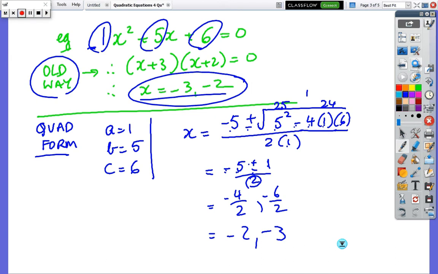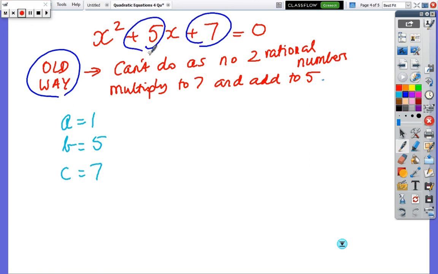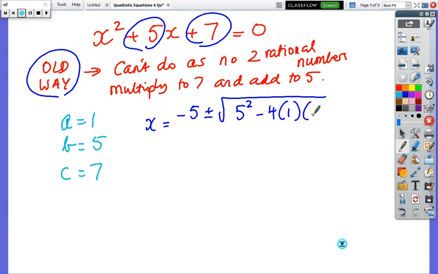Okay, so x squared plus 5x plus 7 equals 0. Using the old way, you can't do it, because we don't have two numbers that multiply to give 7 that add to give 5. So you have to use this new technique. So x equals negative b plus or minus the square root of b squared minus 4ac, divided by 2a.